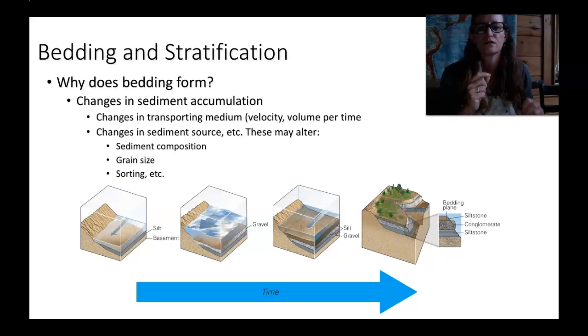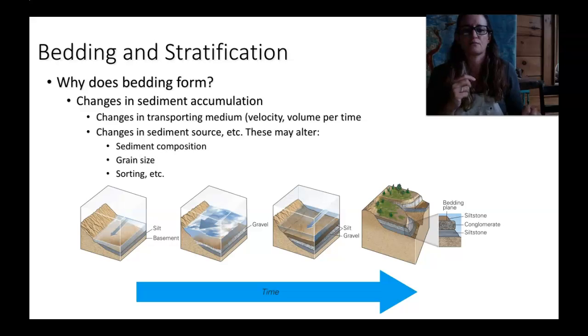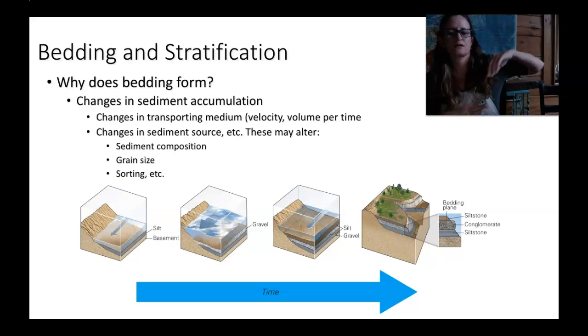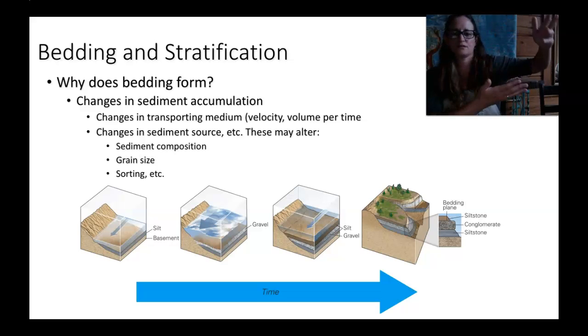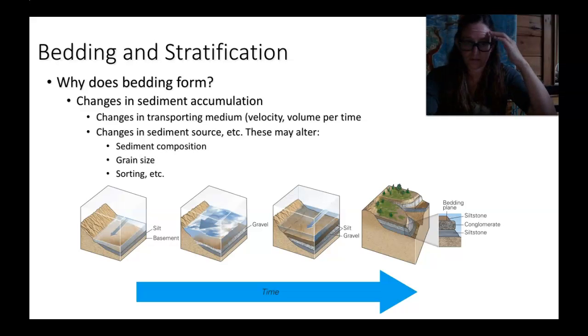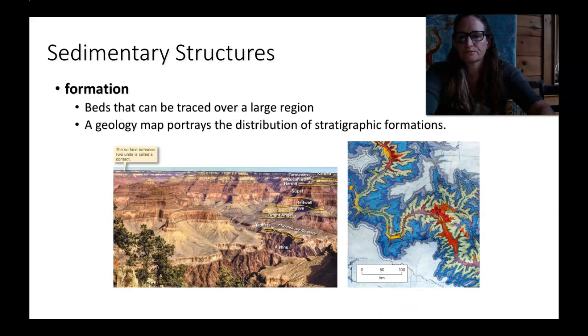Somewhere in there, the gravel is going to become the rock type conglomerate, the silt becomes siltstone, and so you have a sequence, the strata, that is recording siltstone and gravel becoming a conglomerate, and then siltstone again. So fluctuations in the velocity of the movement of the water.